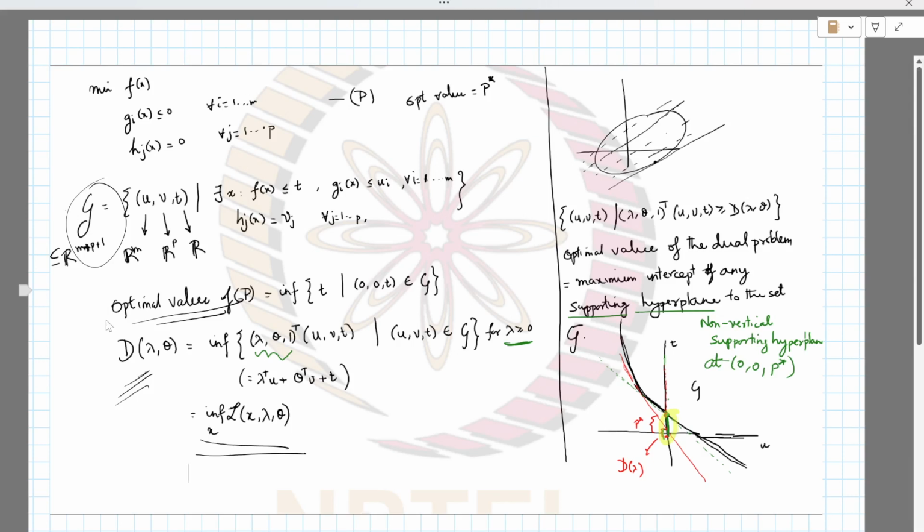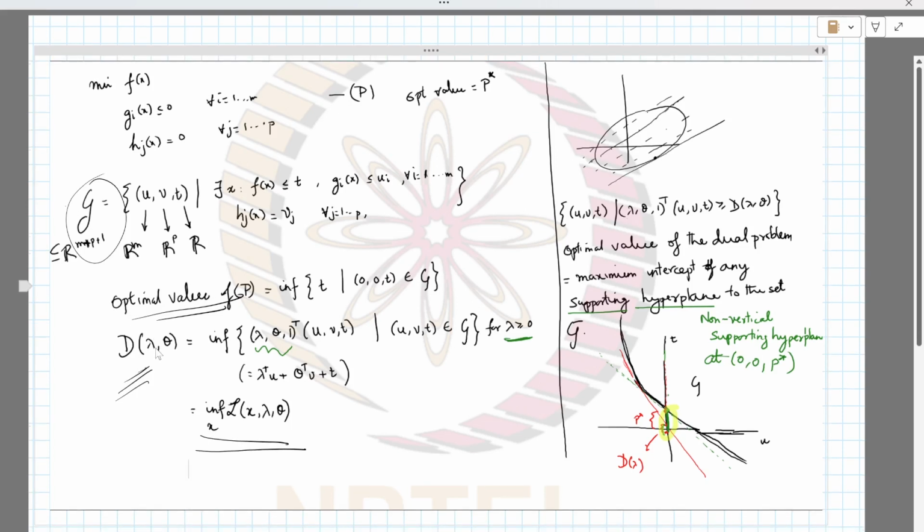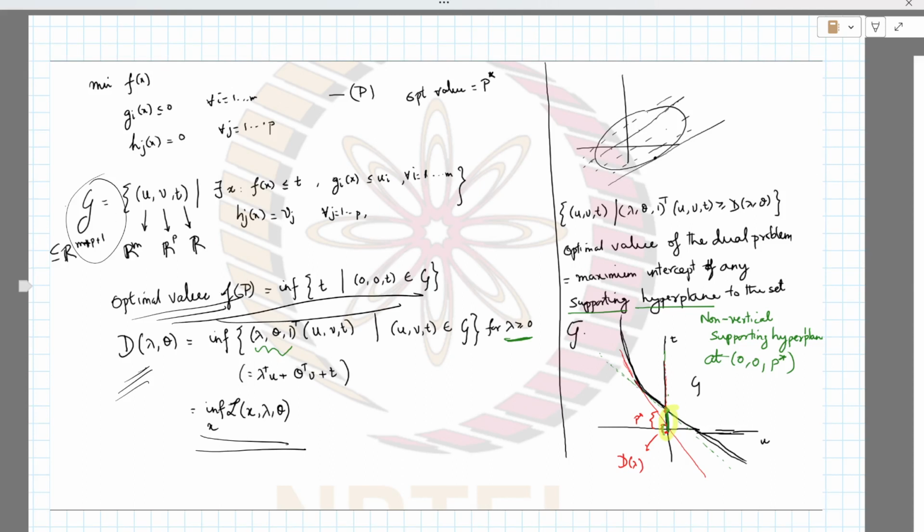No, this is the optimal value. This is different. The optimal value of P is via this, because if you substitute (0, 0, t) here, then the minimum t that you can get is the minimum value of f(x). That is the optimal value of your primal, right? Because of (0, 0), it is a perfectly feasible set. And the dual is defined in this manner.